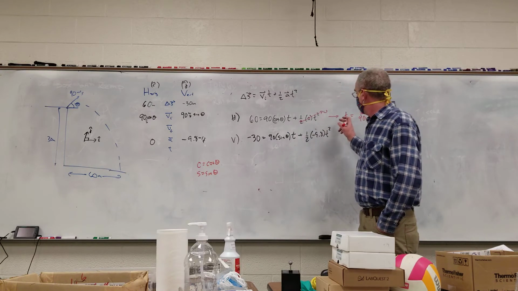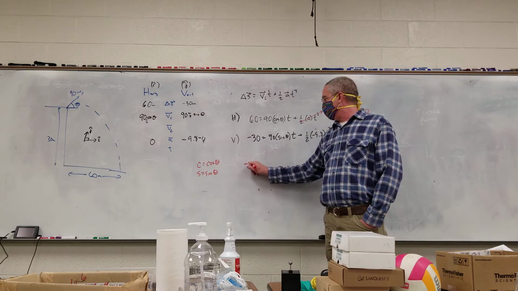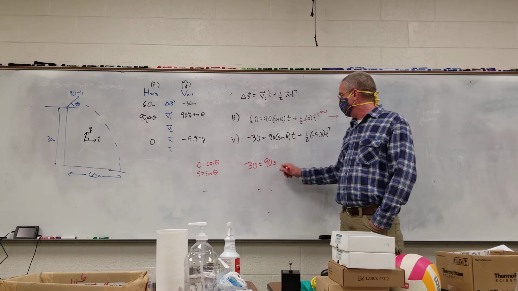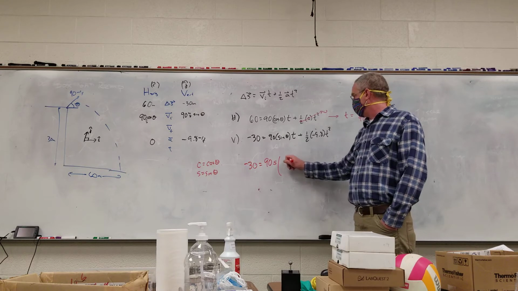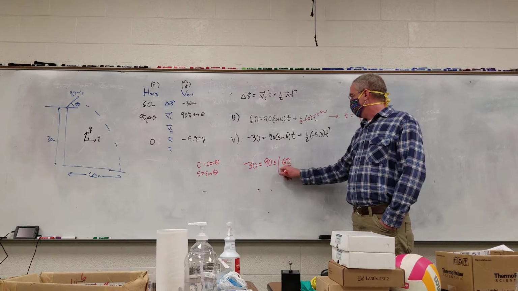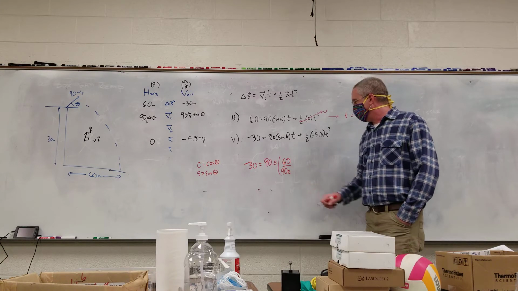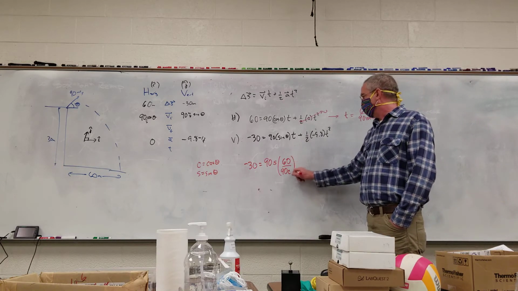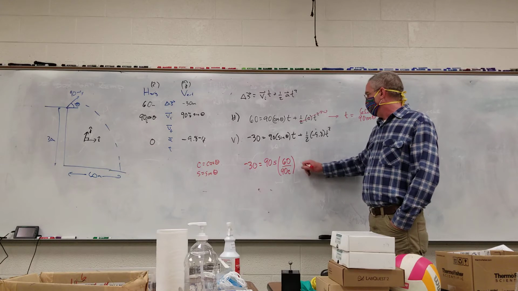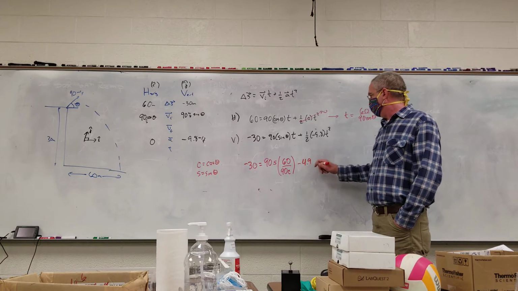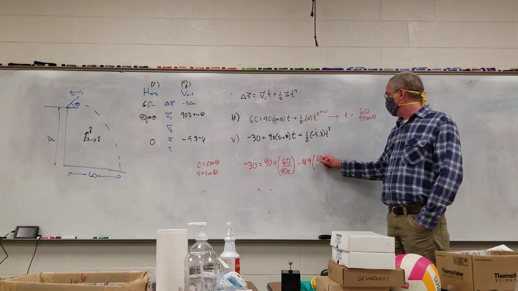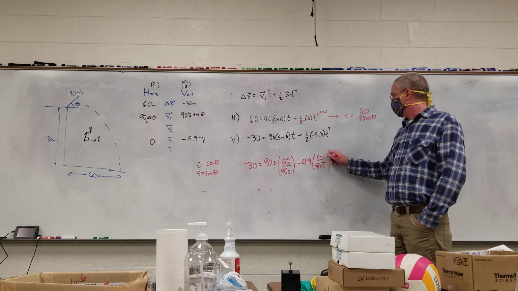So plugging that in, I get negative 30 equals 90 times S times time, which is 60 over 90C, plus minus 4.9 times time squared, so this is 60 over 90C squared.